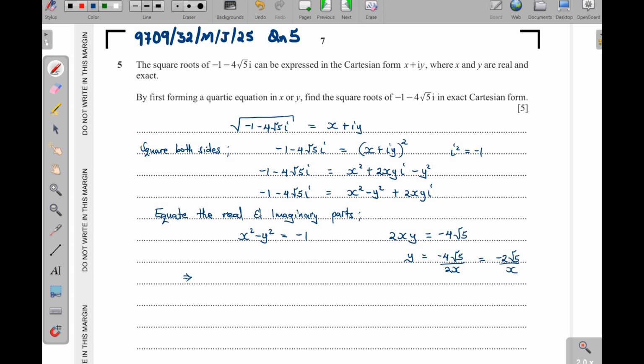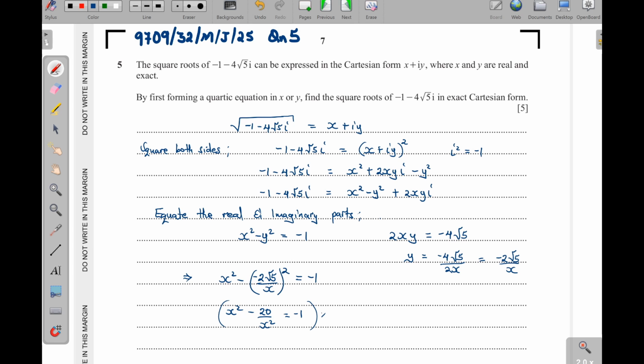So this simply implies that we shall have x squared, then where there is y, I will put this one here, -2 root of 5 over x. We square that, then it's equal to -1. So here we shall have x squared, then minus, when you square 2, you get a 4, then 4 times 5, that is 20, then over x squared is equal to -1.